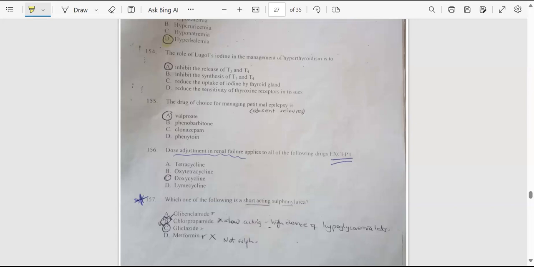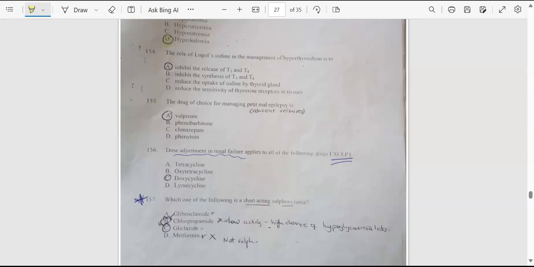What it usually does is prevent the release of these hormones, and it also inhibits the iodination of tyrosine, which is a crucial step in the synthesis of the thyroid hormones.